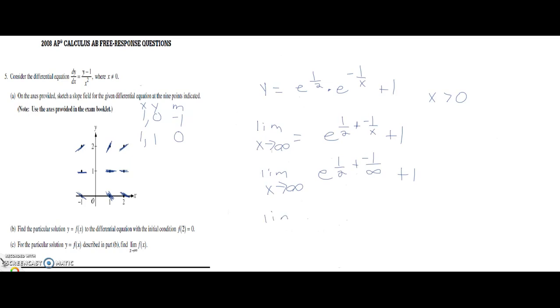Negative 1 over infinity is just 0, so you could write this as e to the 1/2 plus 1. So that's good enough, or sometimes, if you really want to, anything to the 1/2 power means the root of it. So I hope this video helped.